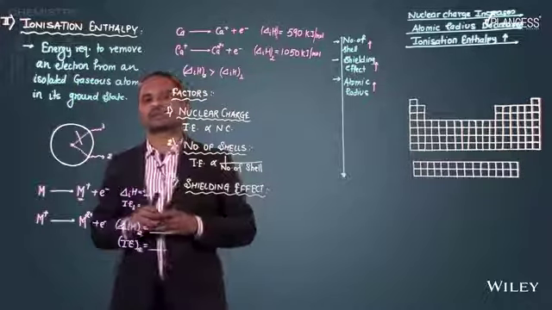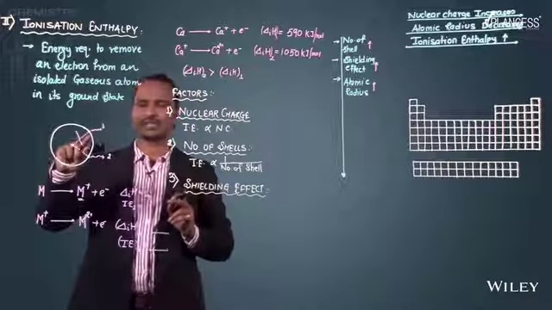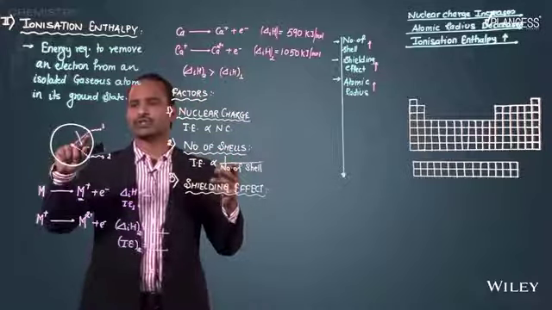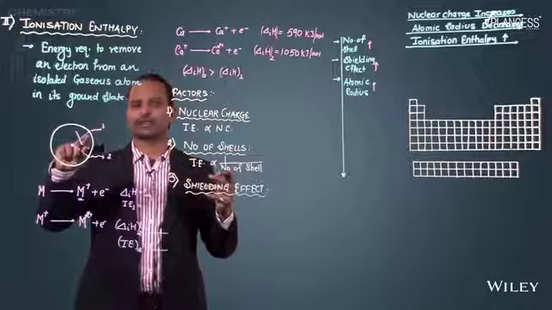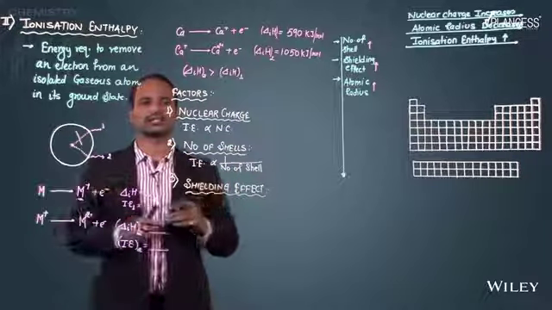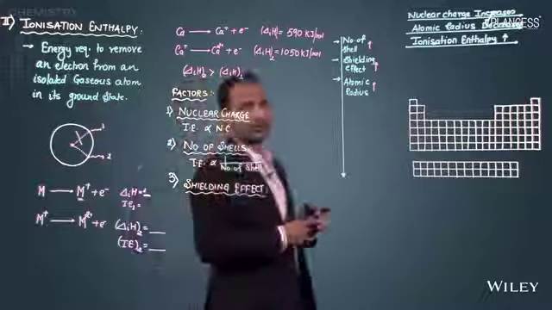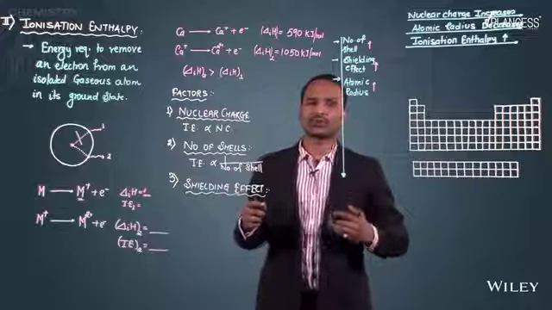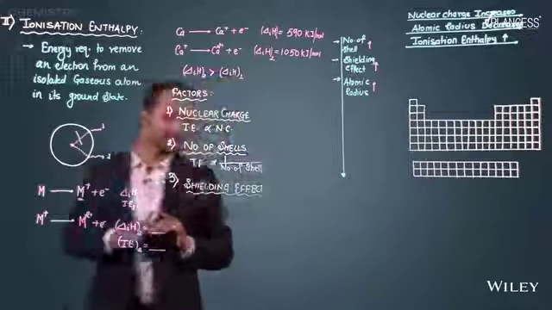And attraction decreases means simply I can say that less energy will be required to remove the electron. So due to the shielding effect, this electron gets repulsion from the inner shell electrons. Due to repulsion, the attraction between the nucleus and electron decreases, and due to that decrease in attraction, I can say less energy will be required. And the shielding effect goes on increasing when we move from top to bottom, and hence attraction gets weaker and weaker, and due to which I can say ionization enthalpy also decreases.